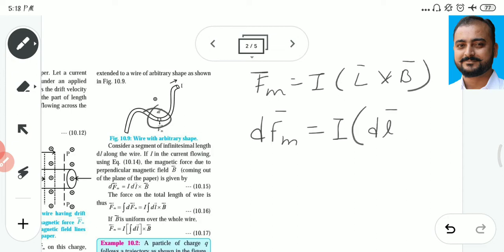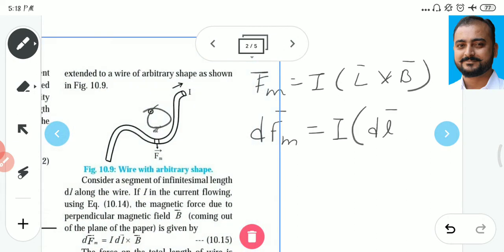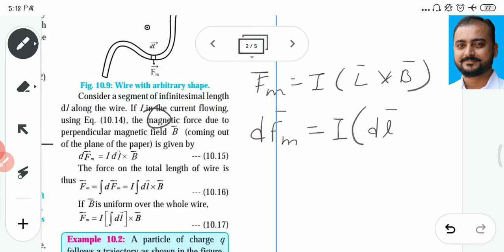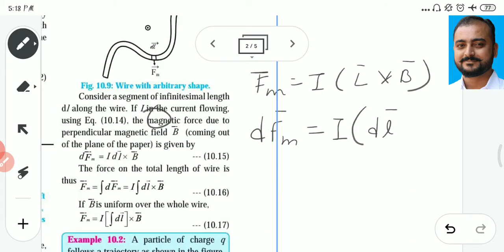Small dl, as shown in this figure. Then the magnetic field remains as it is, of the same intensity, that is B bar.